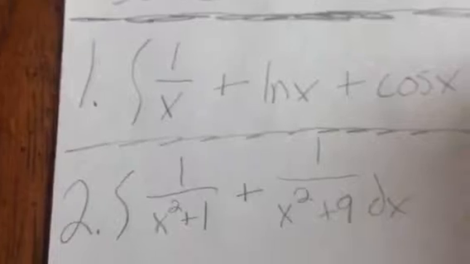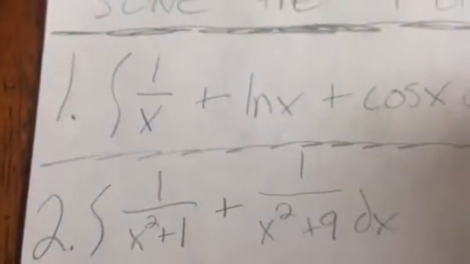Alright, so first, the integral of 1 over x is equal to ln of the absolute value of x.